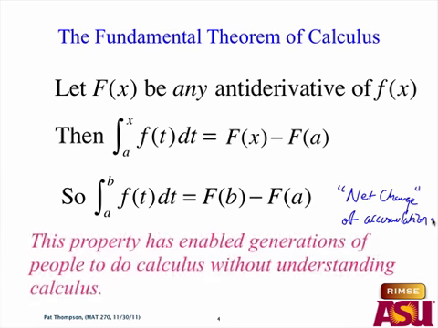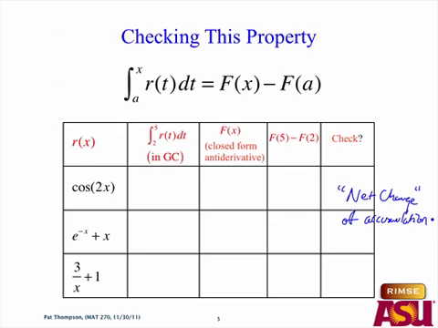Okay, so let's test it. We're going to use the graphing calculator. We're going to look at the accumulation from 2 to 5, given a certain rate function, and we're going to have the graphing calculator calculate the open form version, and then we're going to use the antiderivative and check the closed form version.